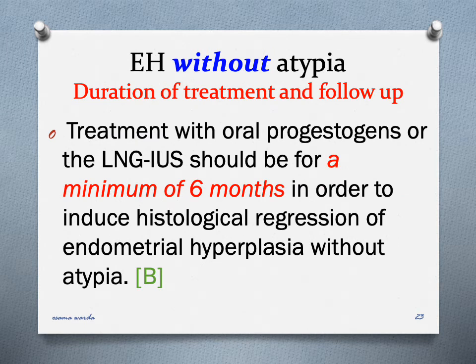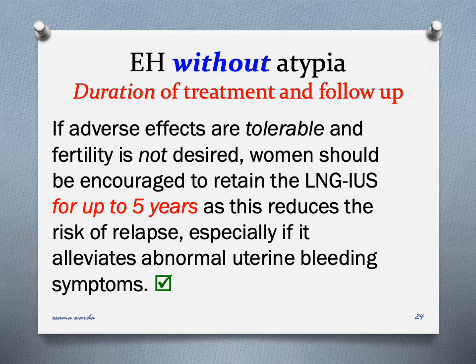What about the duration of treatment and follow-up? Treatment with oral progestogen or the levonorgestrel IUD should be for a minimum of 6 months, not less than 6 months, in order to induce histological regression of endometrial hyperplasia without atypia.